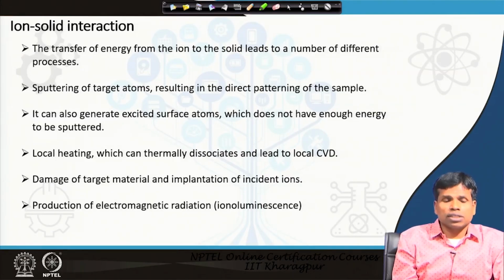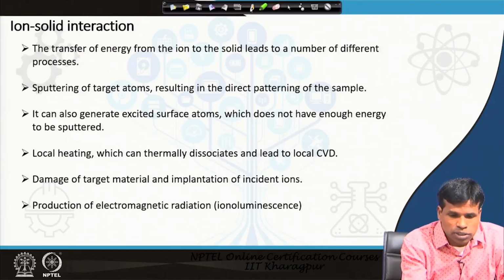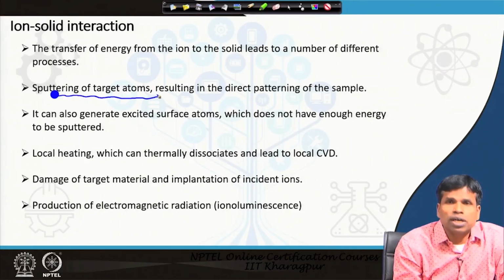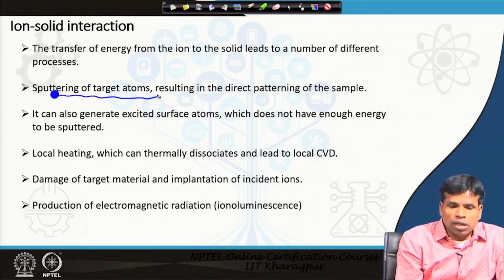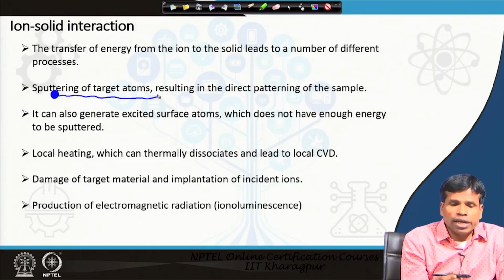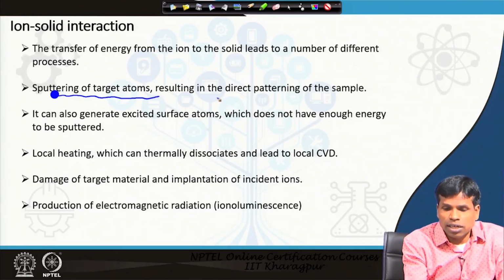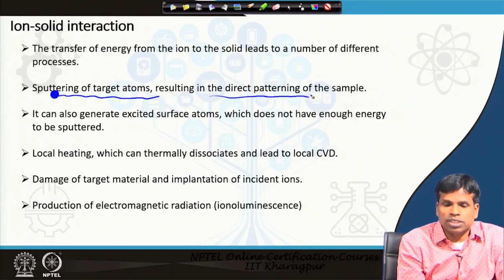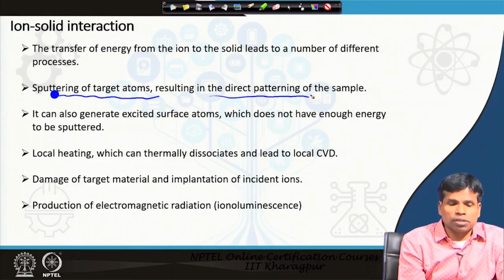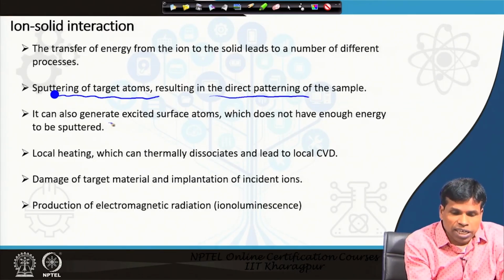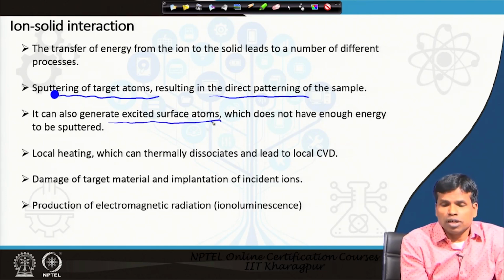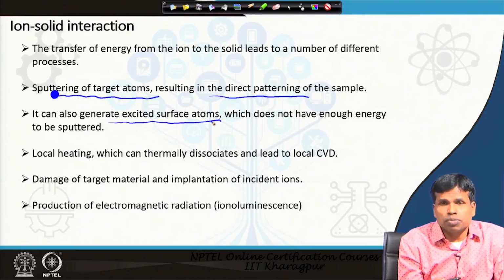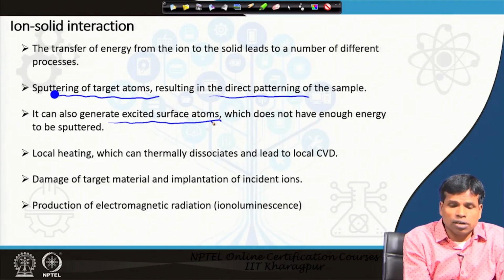We have seen in our last lecture that sputtering can occur, sputtering of target atoms, and by sputtering atoms from the surface, we can create a pattern on the specimen, resulting in direct patterning of the sample. It can also generate excited surface atoms, which do not have enough energy to be sputtered out, but still can influence and fulfill certain objectives.